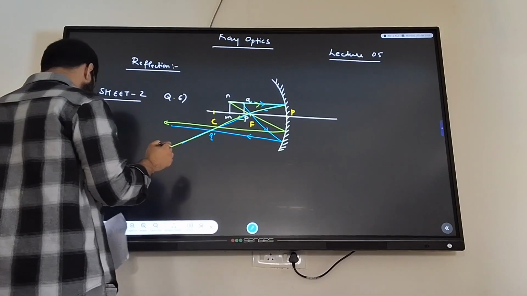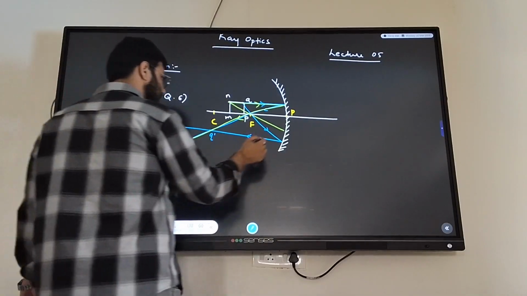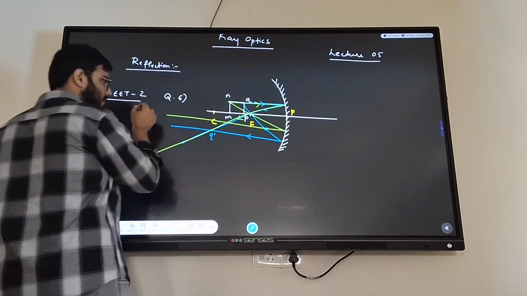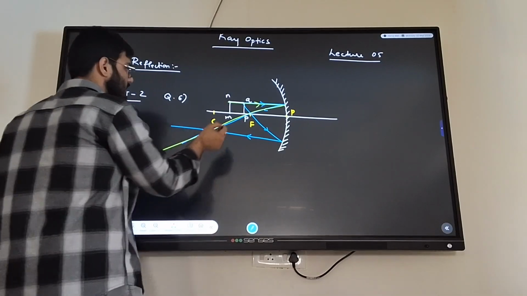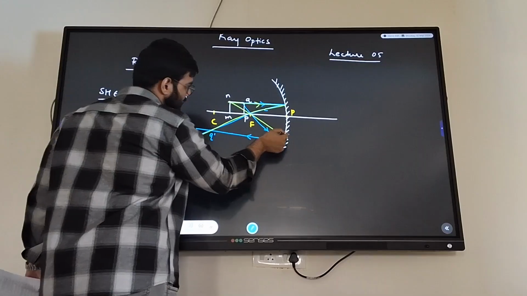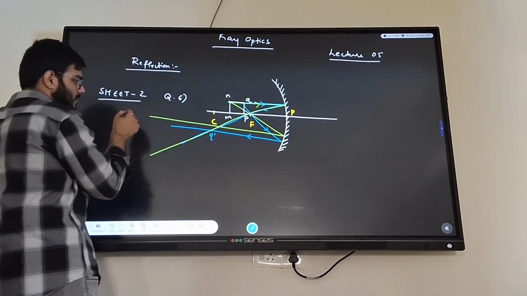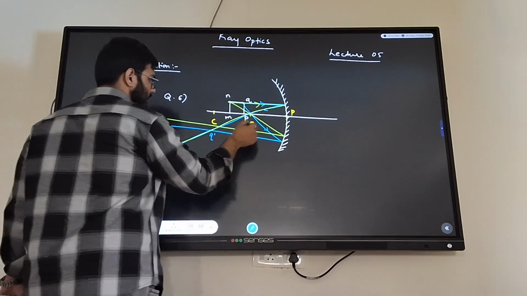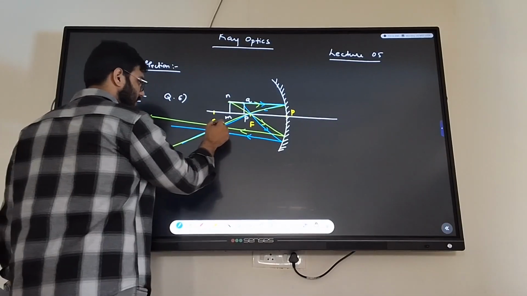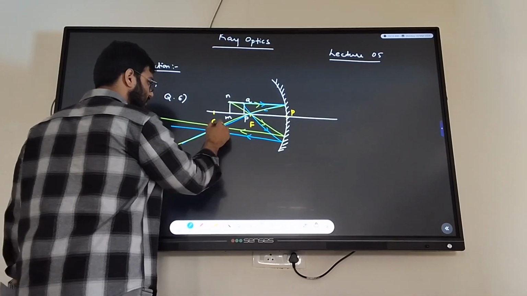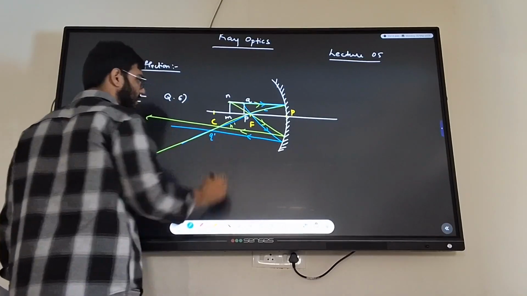Then do you see that this is not exactly a rectangle? It's a little poor drawing, but hopefully you understand that this is your N prime.